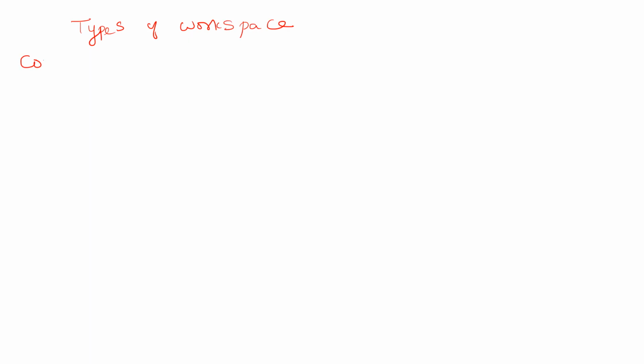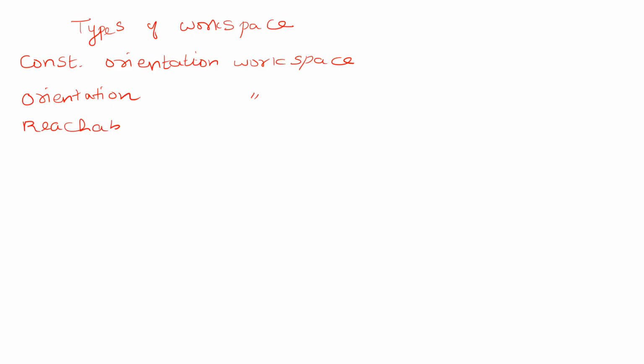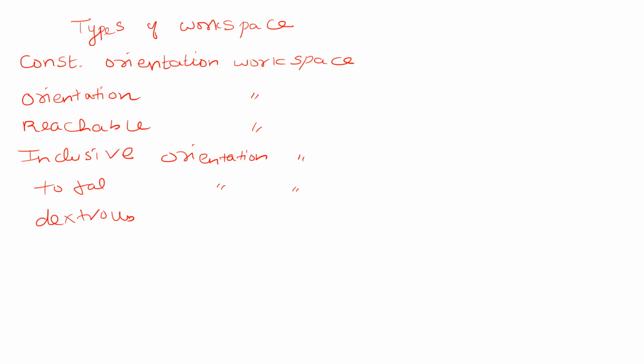So we have the constant orientation workspace, or the orientation workspace, then maximal workspace, which is also called the reachable workspace, then inclusive orientation workspace, then total orientation workspace, then dexterous workspace, and reduced total orientation workspace.